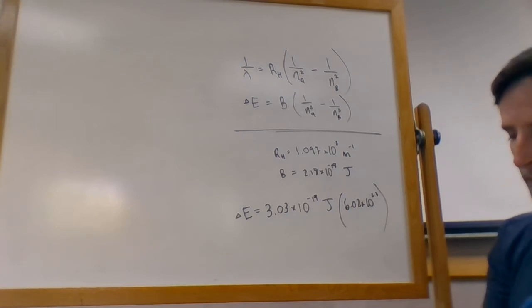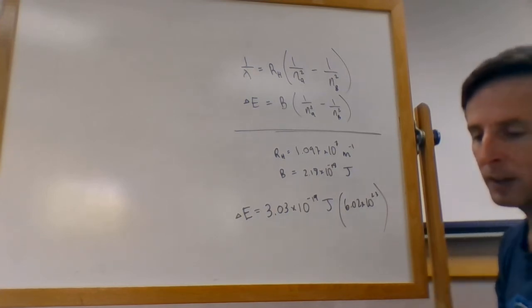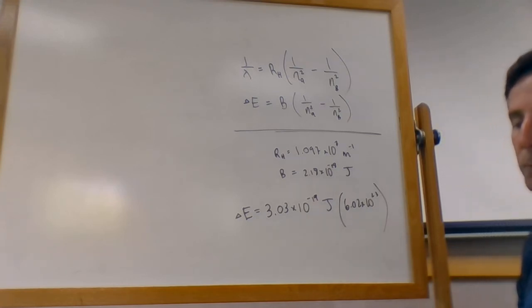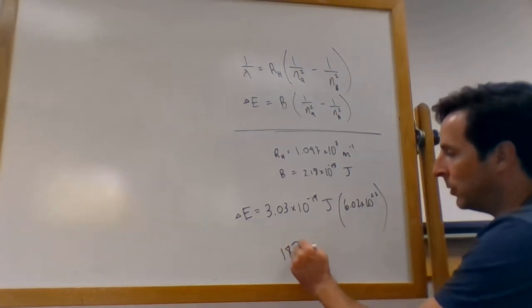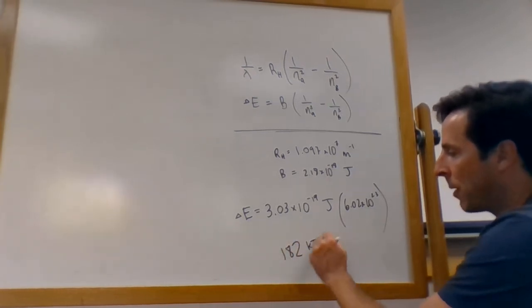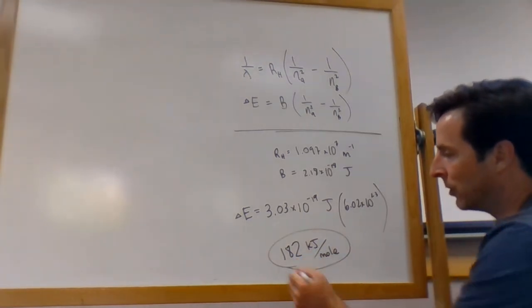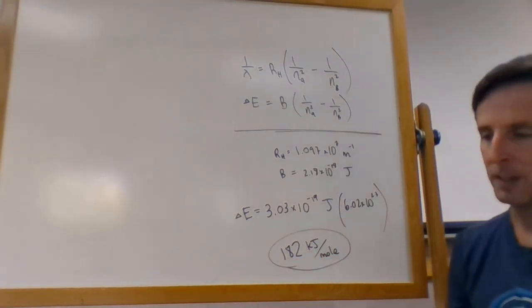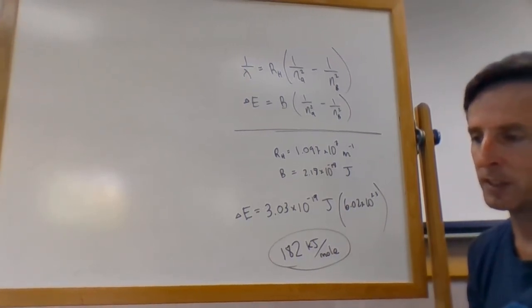I got 182,274. So let's just call that 182. That would be in joules, so change it into kilojoules. It should be about 182 kilojoules per mole. That's the value it's looking for. That would be the molar release of energy for this transition.